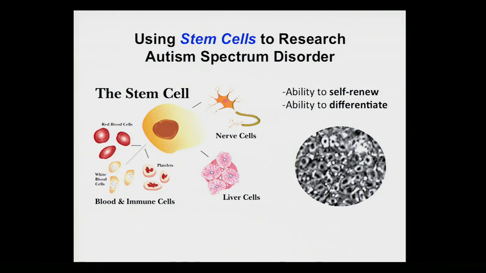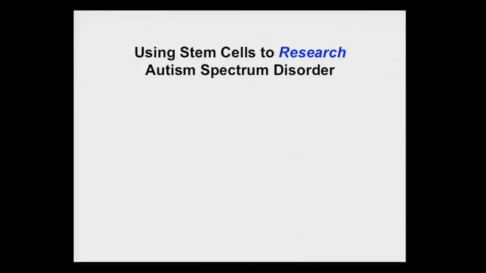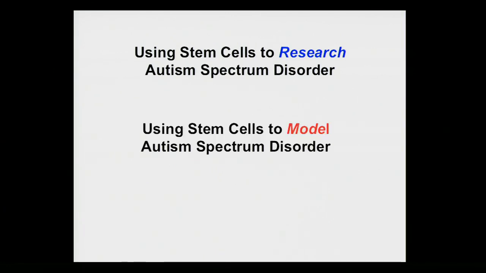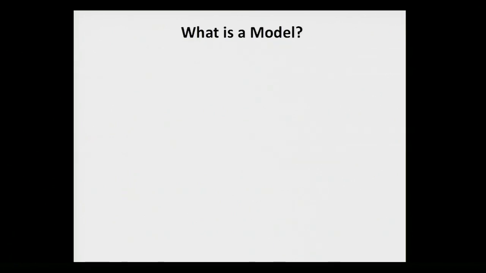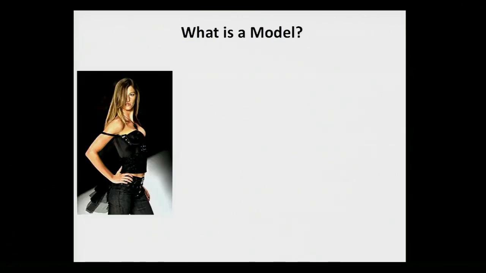Now, we can use these stem cells to research autism spectrum disorders. The way scientists research subjects is that we use models. We're going to use stem cells as a model to study autism spectrum disorder. And what is a model? A model can be a fashion model, Gisele Bündchen, Brazilian, I know her.